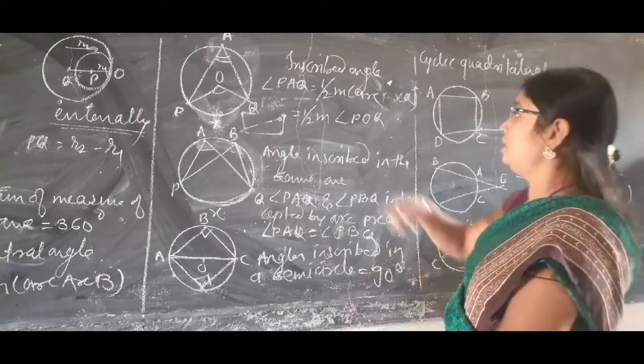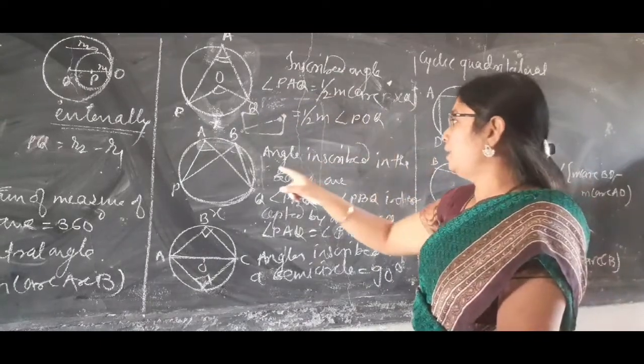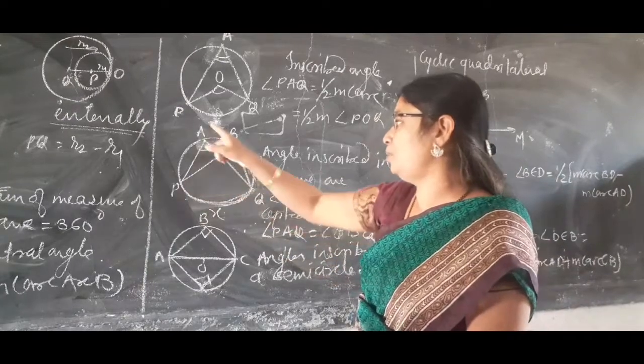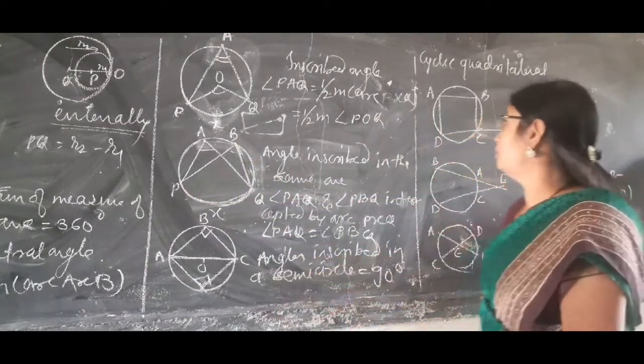Here again, inscribed angle PAQ is equal to half of the measure of arc PXQ. Then angle inscribed in the same arc. Here PXQ is the same arc, so PAQ is equal to PBQ. And angle inscribed in the semicircle is always 90.